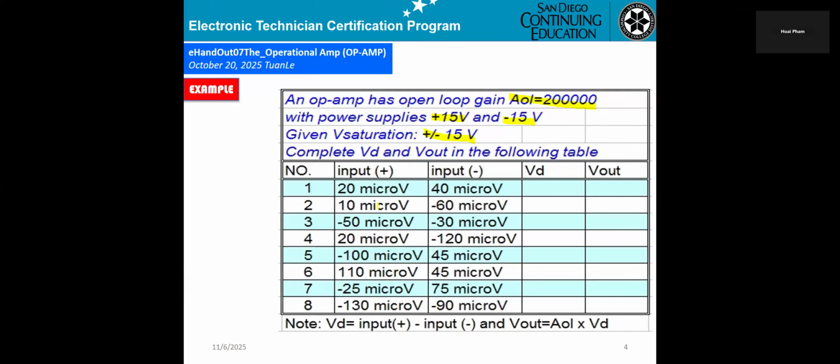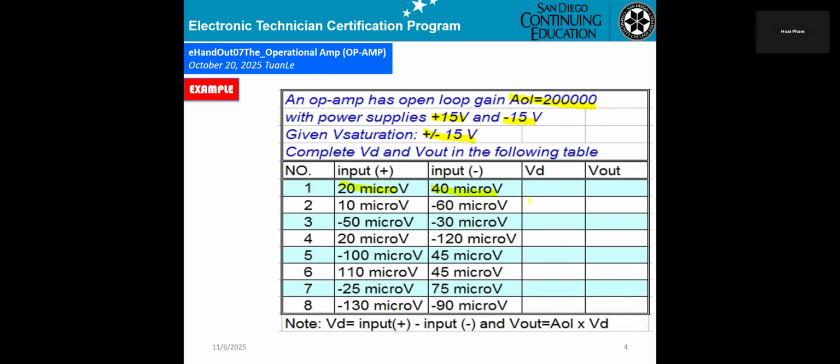And now they gave you input positive and input negative, and they want you to get VD. You already know VD is V positive minus V negative. So 20 microvolt minus 240 microvolt.